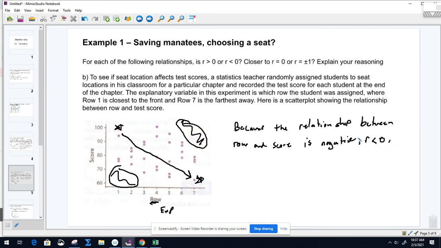Now, for this one, also, r is closer to 0 than -1, because the relationship is weak.